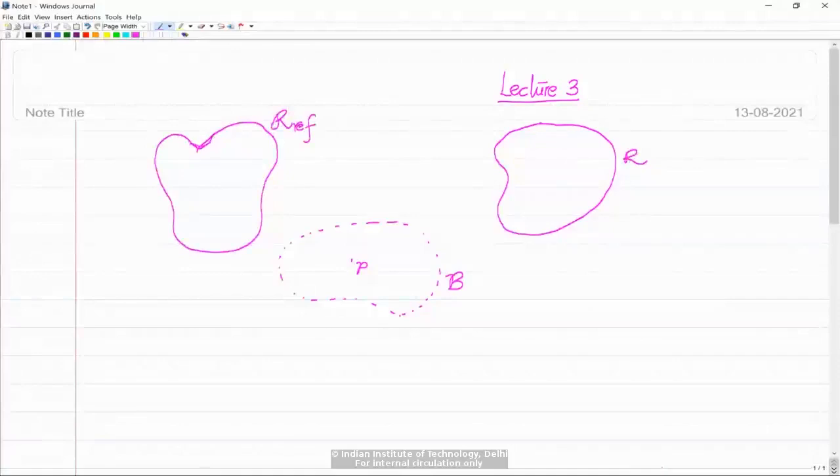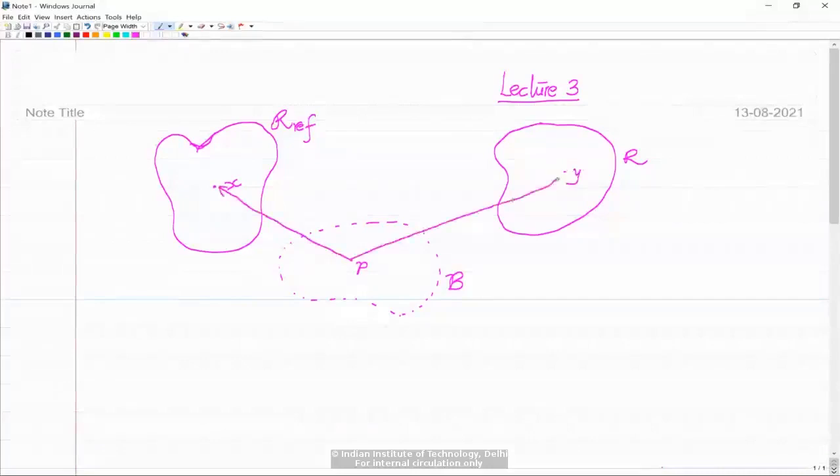So a particle has its location small x in the reference configuration. And the same particle has its location at small y in the current configuration. So it's the same particle which are at x and y in the two configurations.